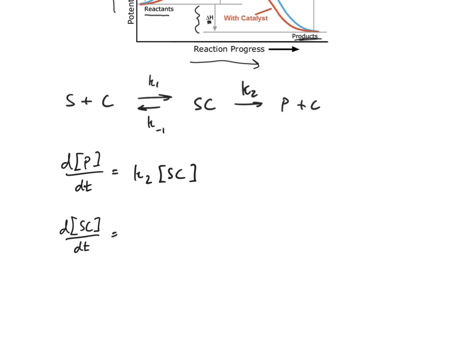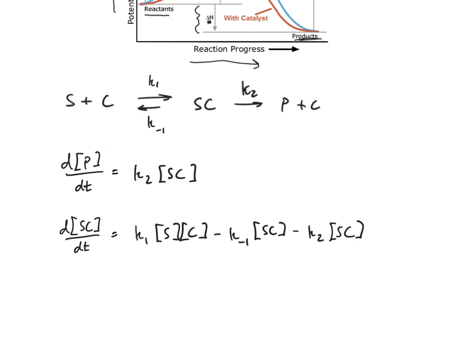And the encounter complex can be formed from that first step by combining a substrate and a catalyst. And then it can be unformed by going that first step backwards, and it's going to depend on the concentration of the catalyst itself. Or the reaction can go through the second step and depend on the concentration of that catalyst.